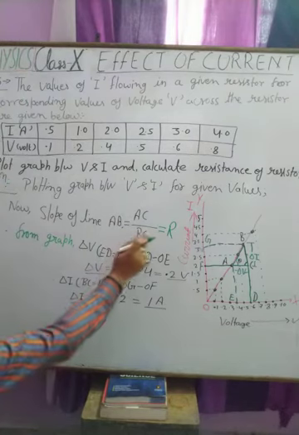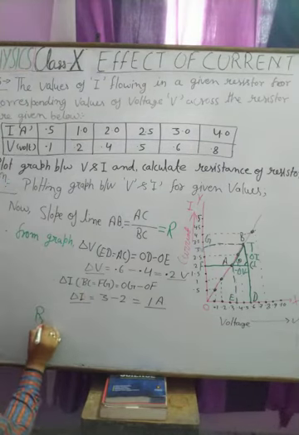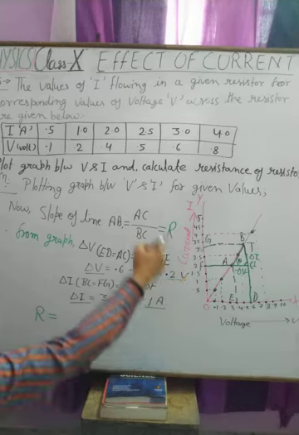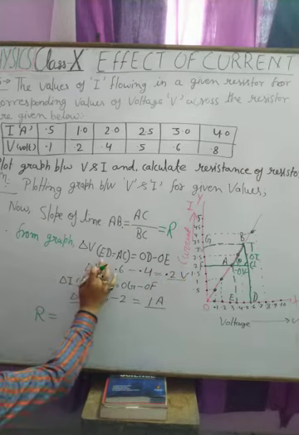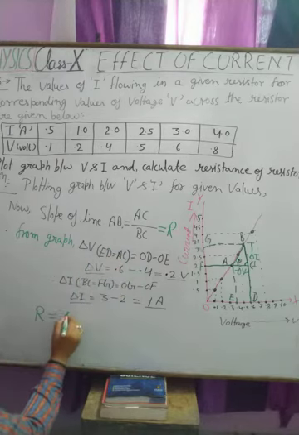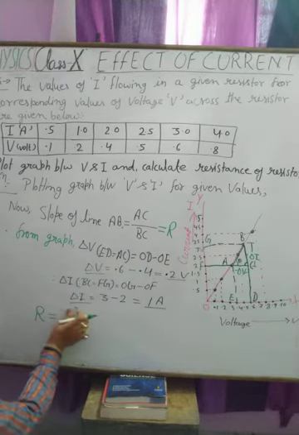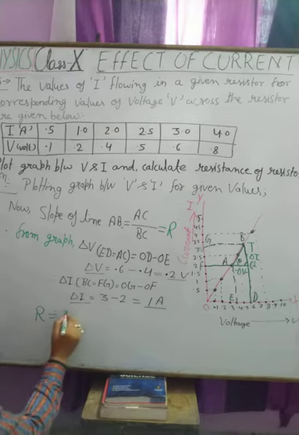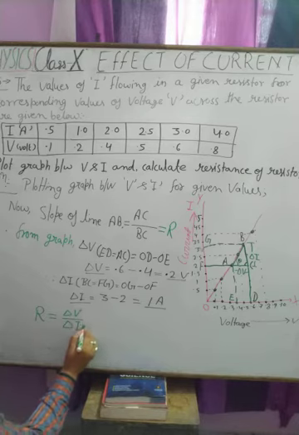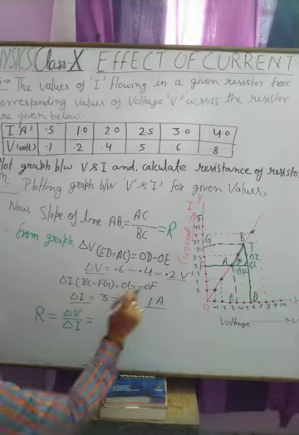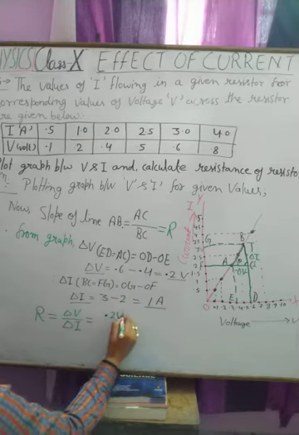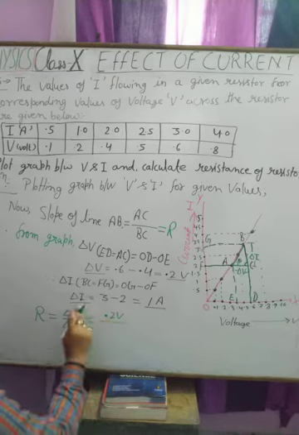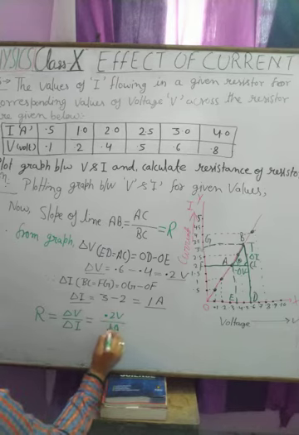Therefore, the resistance R of the given resistor wire is del V upon del I, and the value of del V is 0.2 volt and the value of del I is 1 ampere.